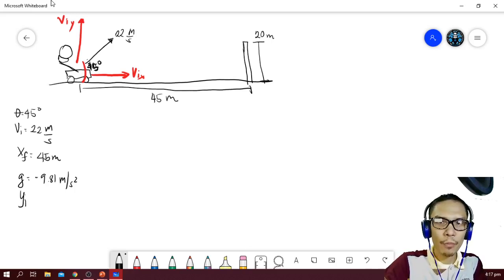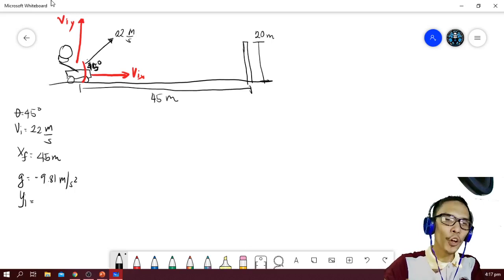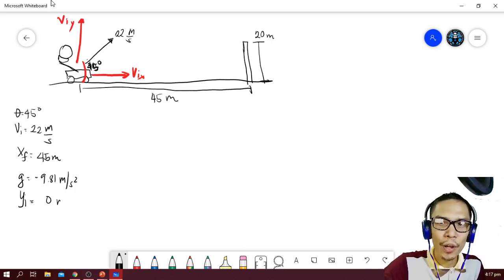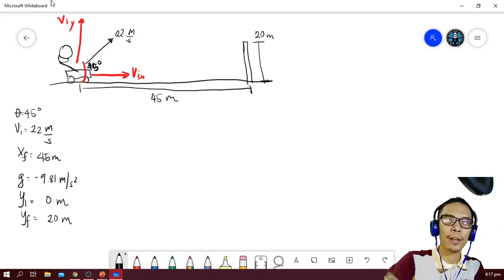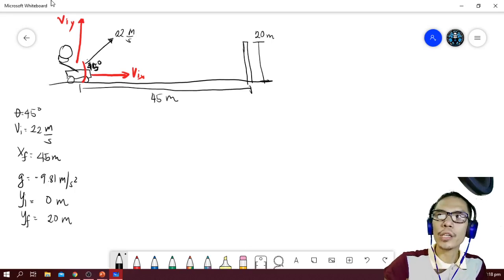So what will be our y sub i here? The initial height is 0 meters, and our final height will be 20 meters, and that is the castle wall.